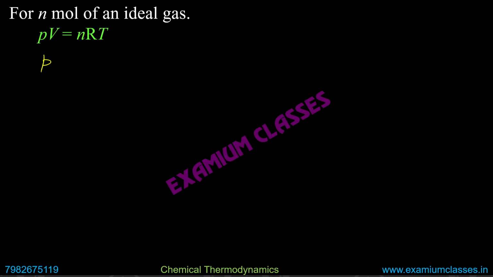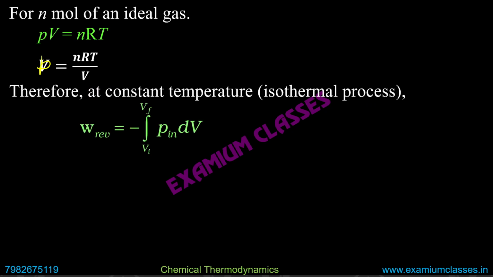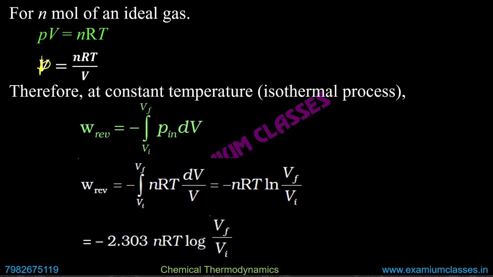Pressure equals nRT by V. If we substitute it into this equation, we will get this value. If you have not done integration, you will not be able to understand how we have done it, but you have to remember this formula: W reversible will be equal to minus 2.303 nRT log V final divided by V initial.